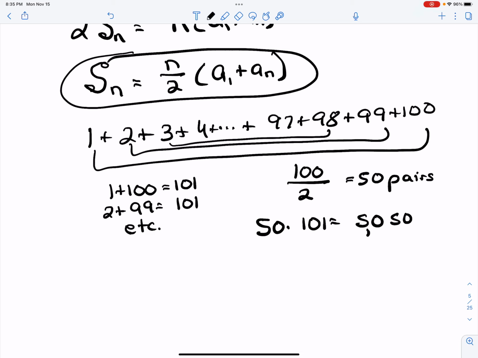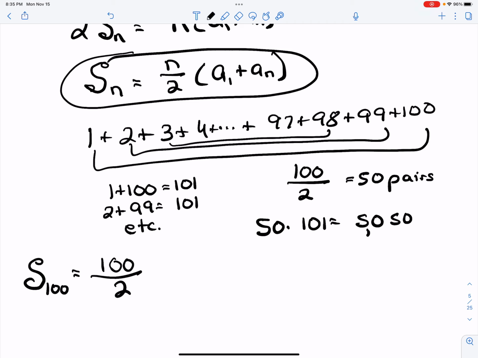But that's essentially the formula that I have circled at the top of the screen right now. The 100 over 2, so n is 100, so you're doing the sum of the sequence of positive integers, 1 to 100, the first 100 positive integers. You're doing the series. So you have 100 of those numbers over 2.